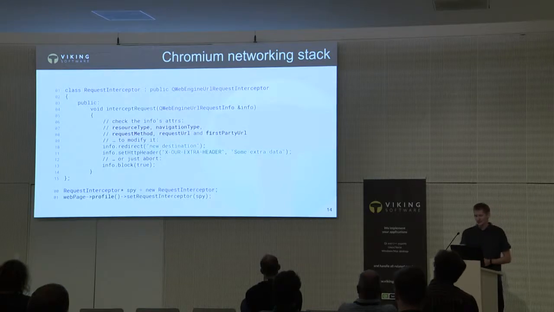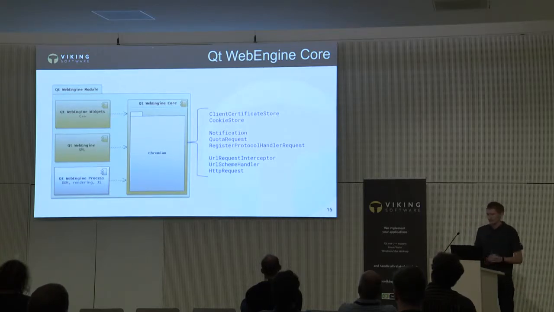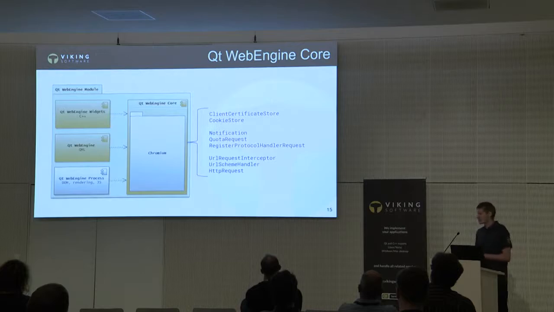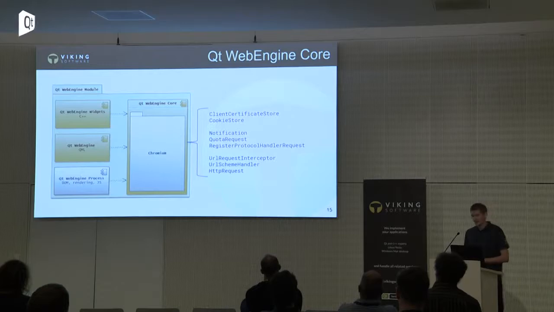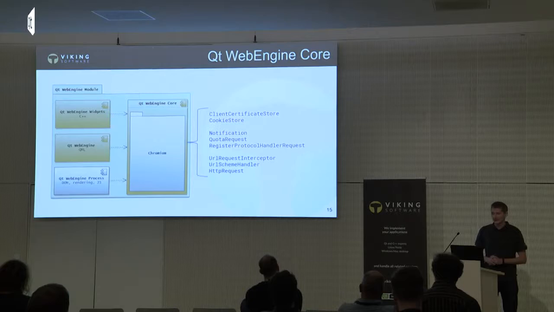Now let's look at other API provided by submodules. I've grouped these classes just for the purpose of this presentation, so there is no such grouping officially, just for us. Classes provided by Qt WebEngine core. Client certificate store is used to help you manage client certificates, because by default Chromium uses configuration from the operating system, and there is no way to operate with this from Qt.